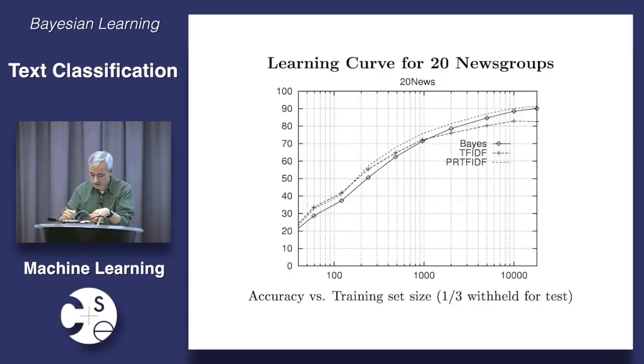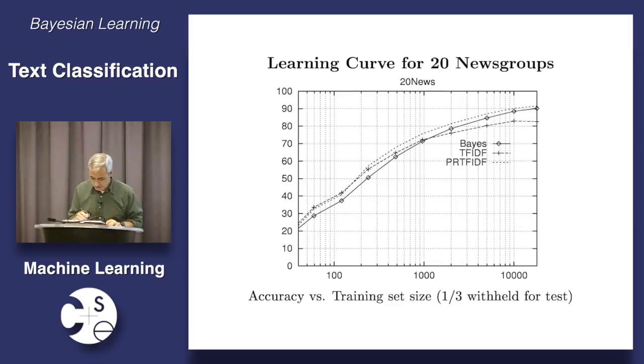So here's a little example of such a story. Here's a graph, right? And again, this is from real experiments, comparing naive Bayes with using TF-IDF, right? People in information retrieval have spent many years developing these kinds of measures and techniques for these problems. And TF-IDF has been the winner, okay? And the thing is that naive Bayes, out of the box, is already beating TF-IDF, or essentially doing as well as TF-IDF.